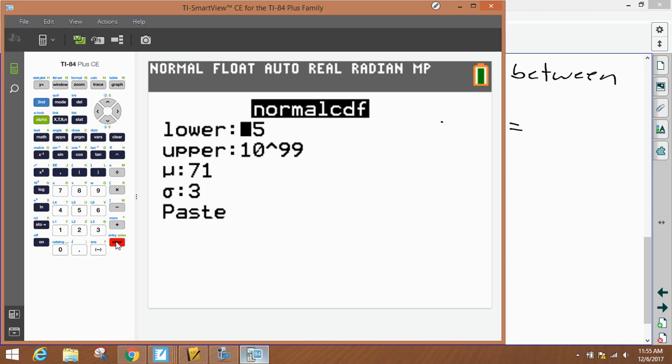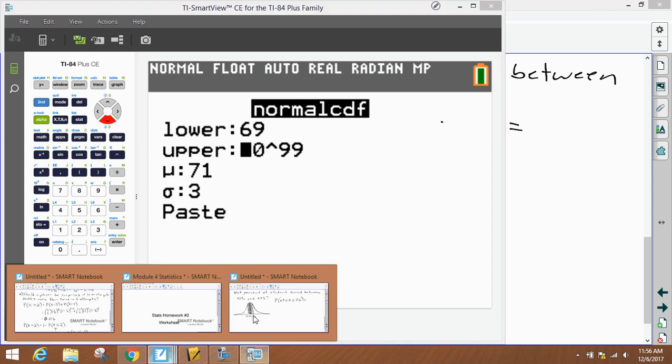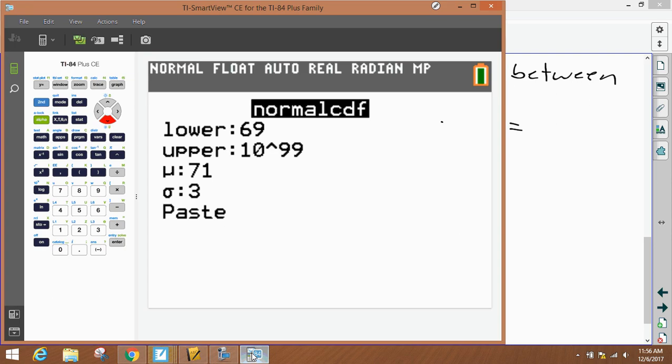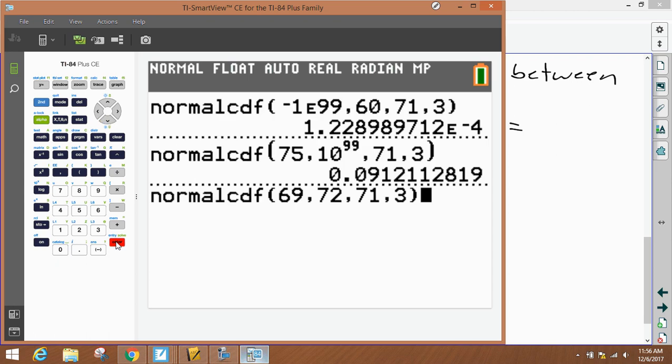And now our lower is actually the value that we're looking at, 69, right? And our upper is our upper value we're looking for, which is 72. And all of this other stuff stays the same because we're doing the same problem.